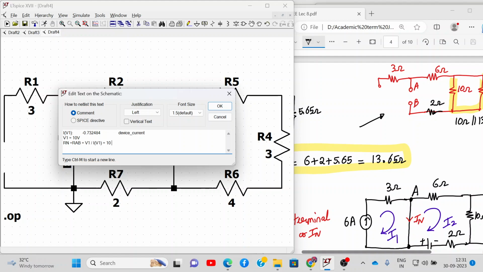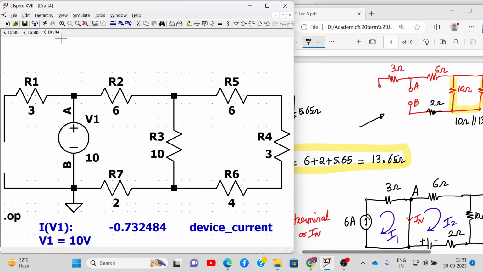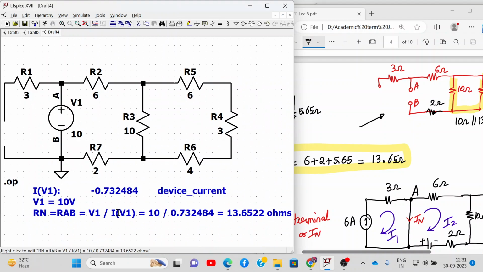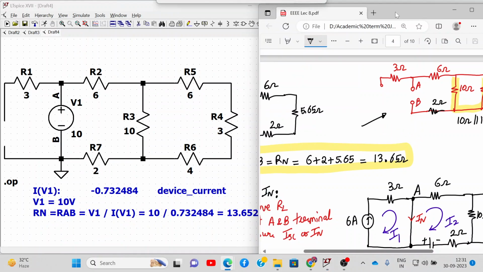Okay, that will be 10 divided by 0.732484, and if you work it out in a calculator, that is coming out to be 13.6522 ohms. So this is the value of Norton's resistance, that is Rn, 13.6522, and we got it as 13.65.